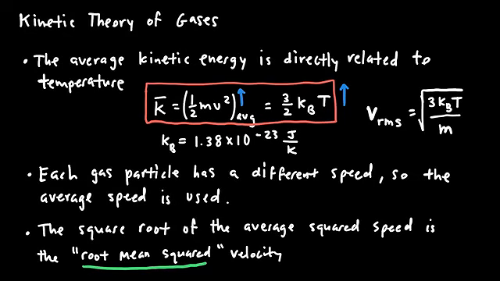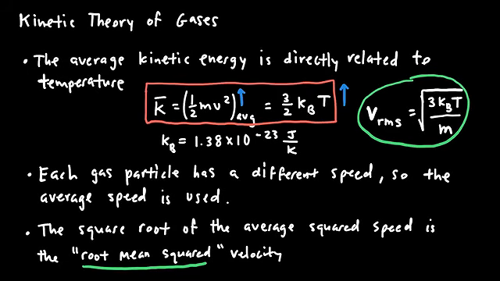We get the equation that is up here on the right. And that speed is not the average speed, and it's not the speed of an individual particle. It is the speed which is the square root of the average of the squares.